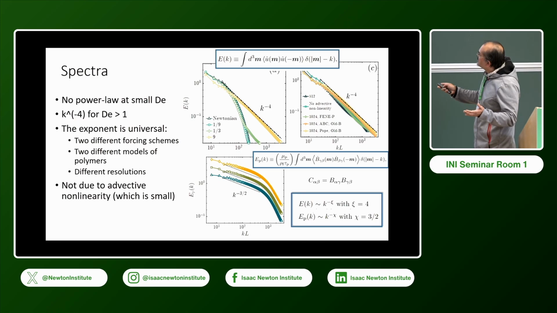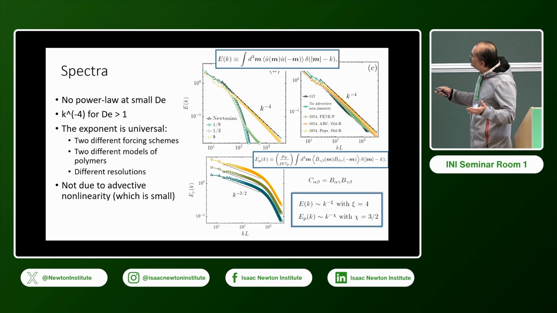You can see that there is no energy spectrum. It just falls off exponentially, and that's the Newtonian one. Now, as I start increasing the Deborah number, up to something as large as a Deborah number of 9, there is a nice k to the minus 4 scaling range that develops, which is what we are calling elastic turbulence.